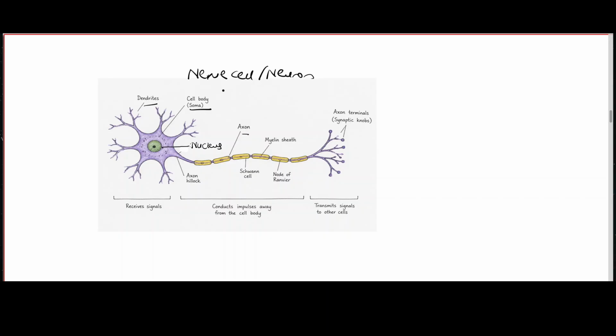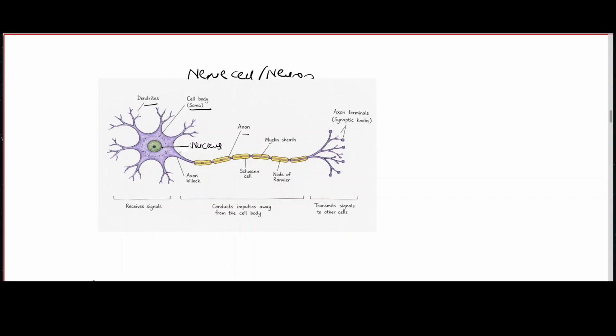So the function of a nerve cell basically involves receiving signals, which is done by the dendrites, processing these signals, which is done by the cell body, and conducting impulses to other parts of the nervous system, which is done by the axon. All right, so that is the nerve cell or the neuron.